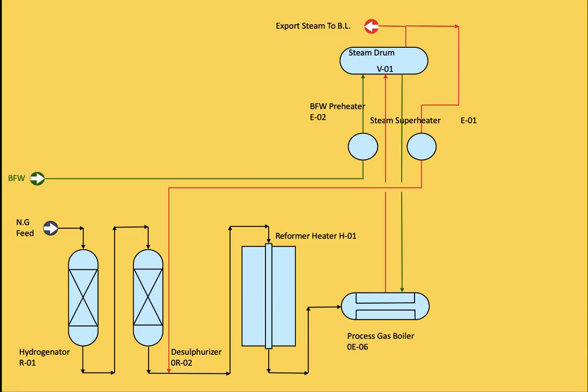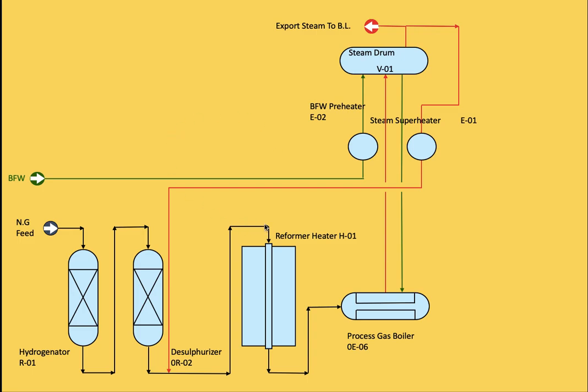The reaction happening in this reformer is an endothermic reaction, and the main reaction at this condition is CH4 plus H2O giving CO plus 3H2. This reaction is endothermic. You add heat and the reaction consumes this heat.